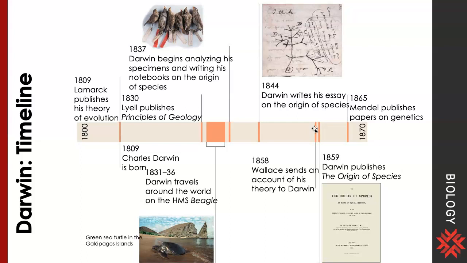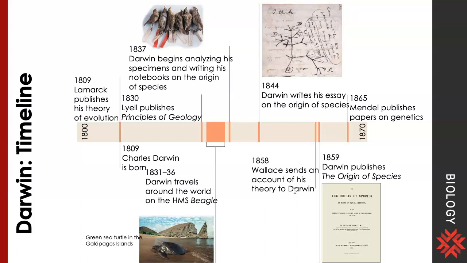And some people say that it wasn't until Alfred Russel Wallace entered the scene. Some say that Wallace really helped to give Darwin the confidence to publish his own manuscript. So Wallace, in 1858, sends his own manuscript to Darwin that describes a very similar process.